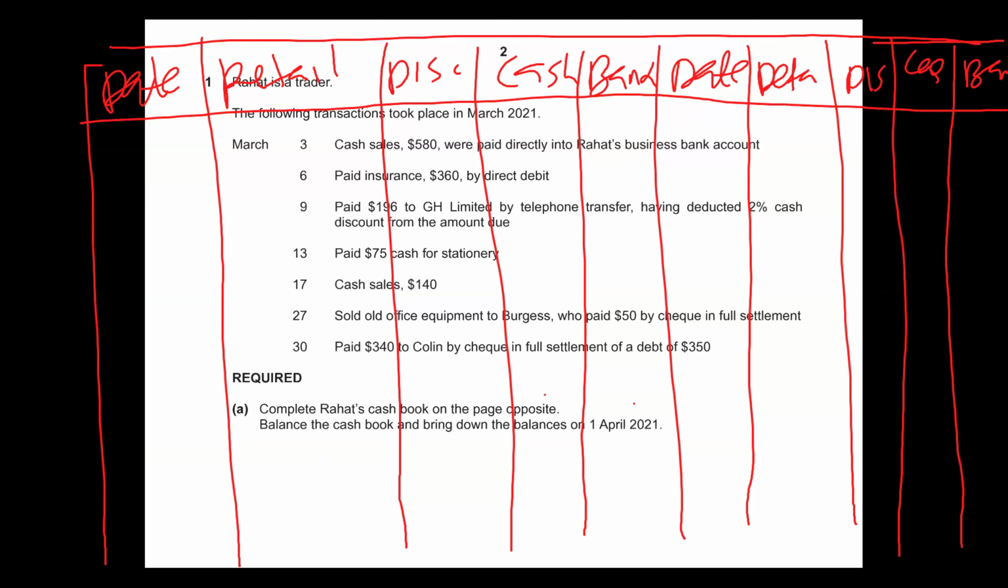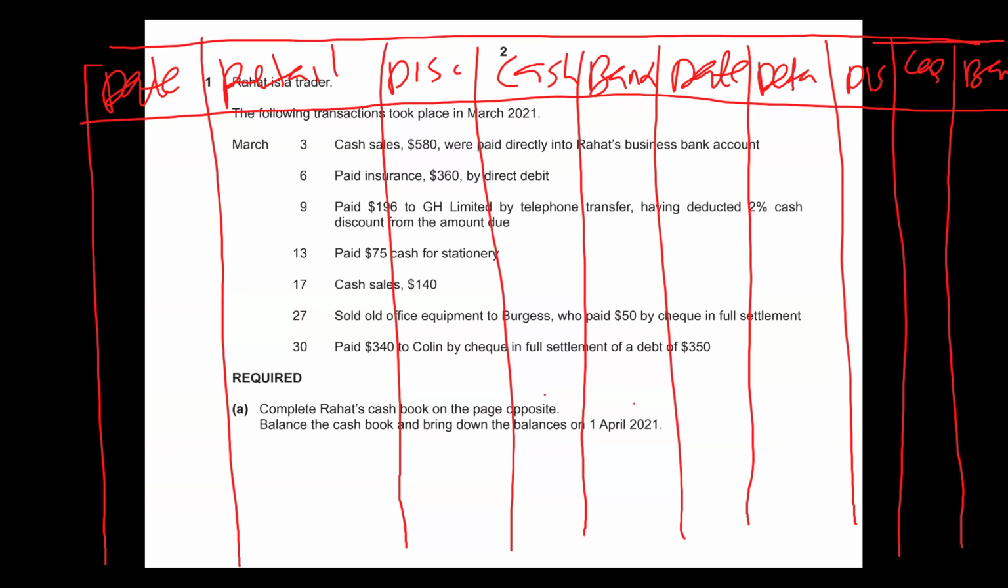Okay. So now, 580 were paid direct into the business bank account. Which account is involved? Is it the bank account or the cash account? It's the bank account. Then the next question we ask ourselves, is the bank account giving or receiving?